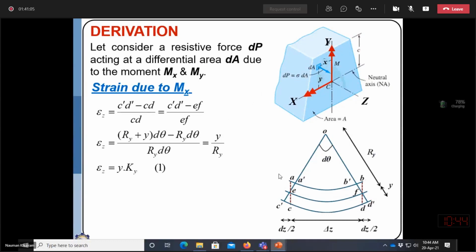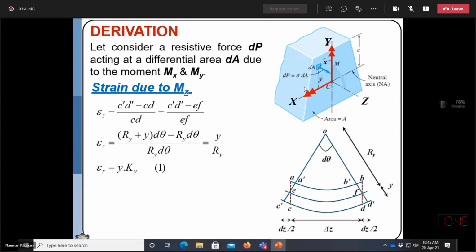So if this beam is subjected to bending, because this is the same beam that we discussed in our earlier lecture, due to any particular moment, if we are only dealing with Mx, so if the moment is acting about the x-axis, the beam will deflect in the y direction, because the moment which is acting about the x-axis is a function of the load which is acting along the y-axis.